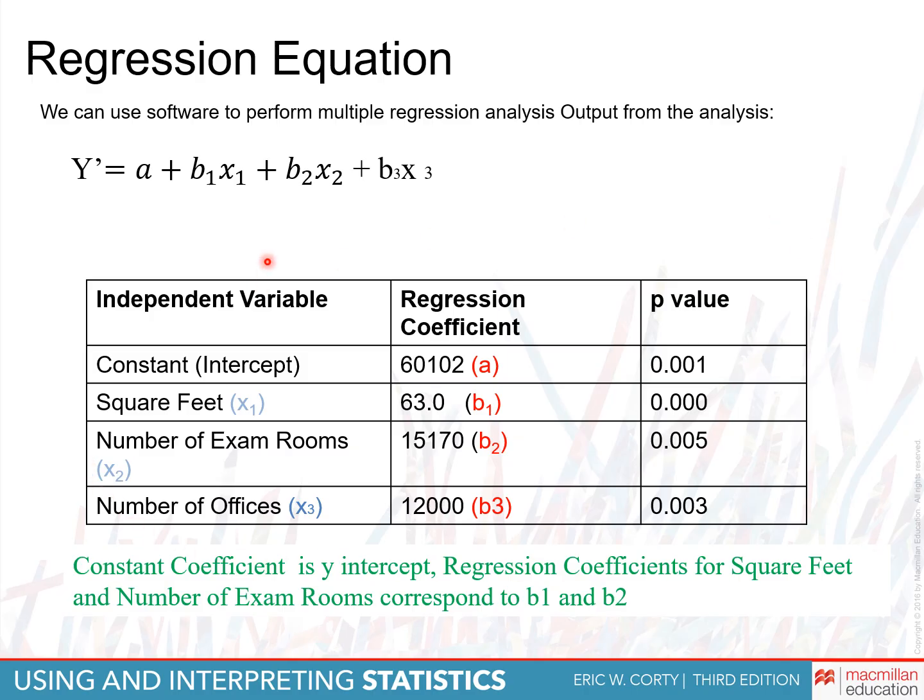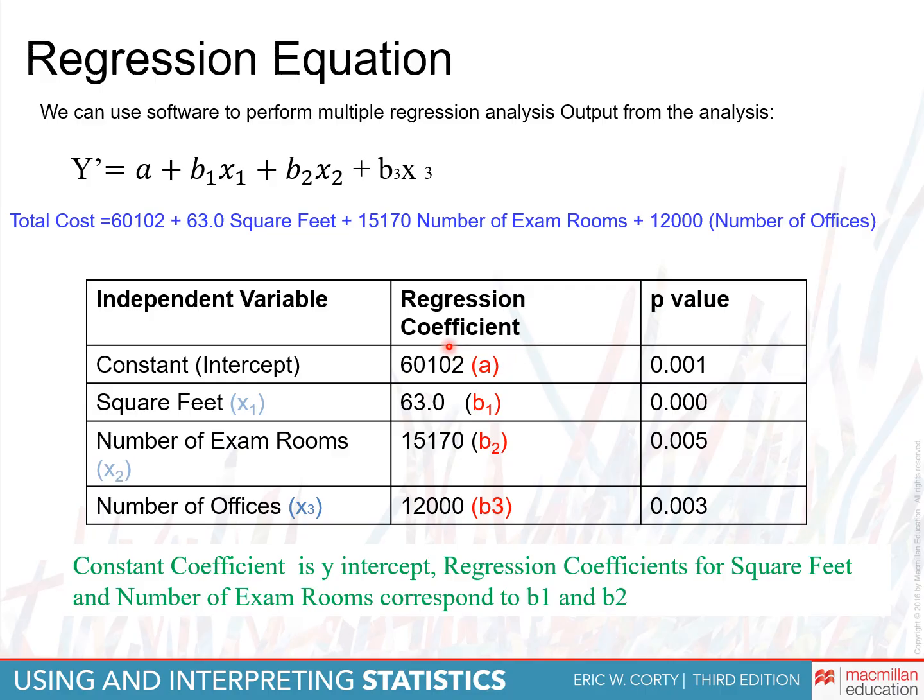We'll have our independent variables in one column, the regression coefficients in the next column, and then the p-value that indicates the statistical significance for each of those variables. In an output, you'll see something called the constant. That is our y-intercept, so here that's the value of a. Here it would be 60,102.